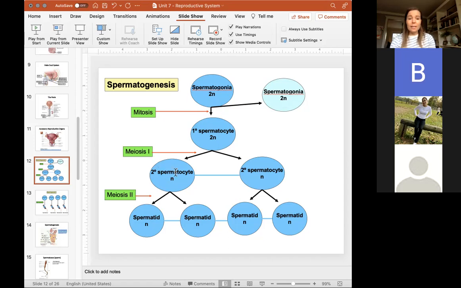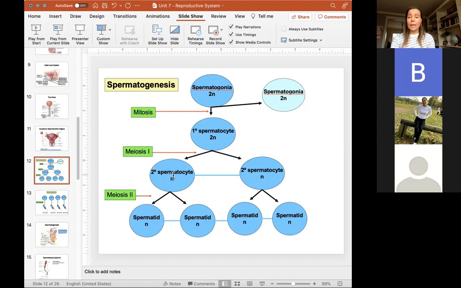So now these two secondary spermatocytes are going to go through the second division of meiosis called meiosis 2. You can see that right here. And so each one of these spermatocytes is going to divide into two. The resulting cells are called spermatids.